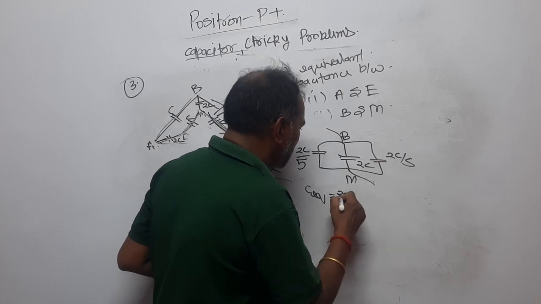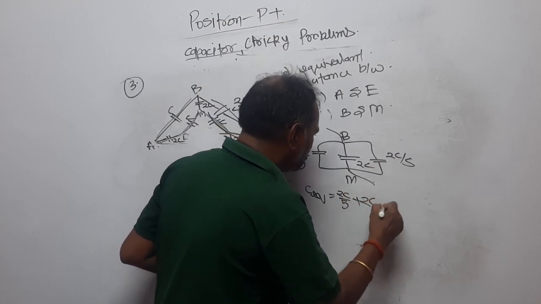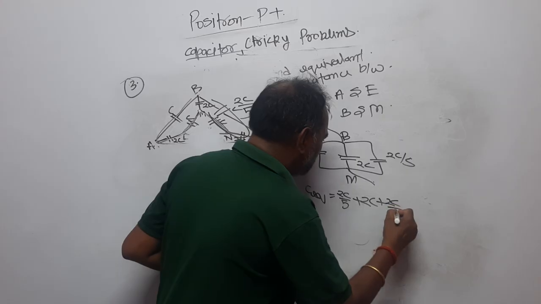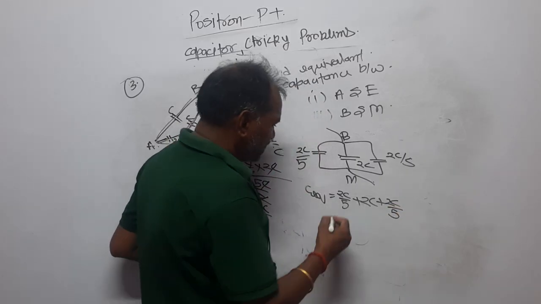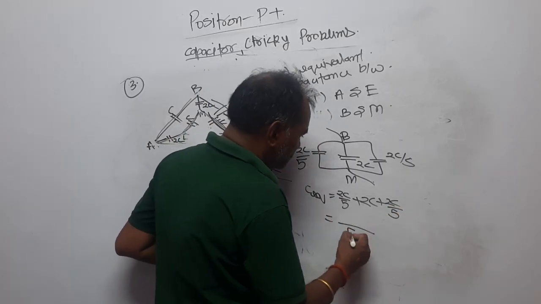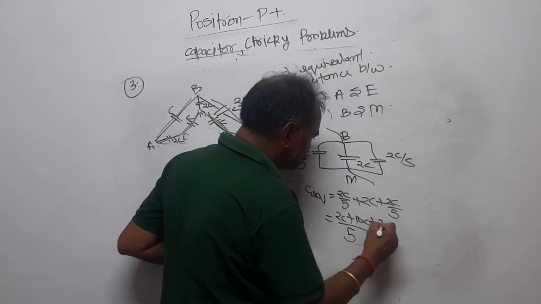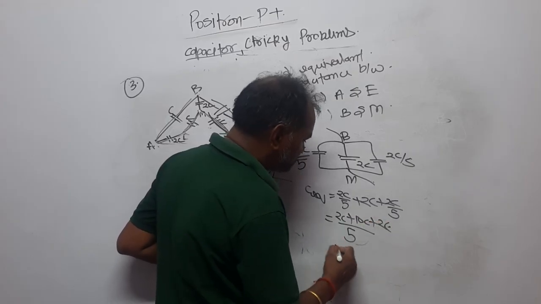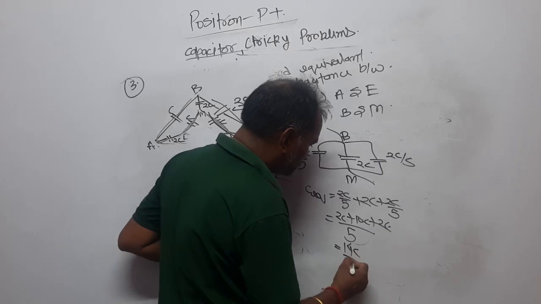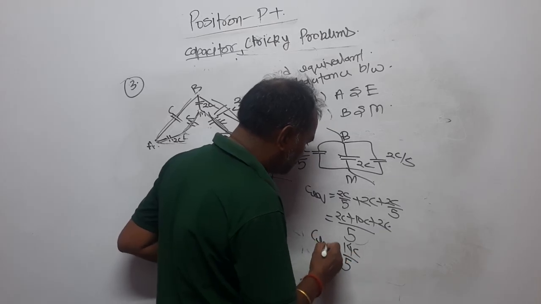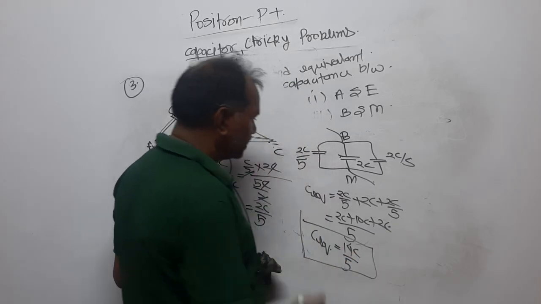So simply you have to add 2C plus 2C by 5 plus 2C by 5. Now look here, 5 would be the LCM. This is 2C plus 10C plus 2C, 14C by 5. This time equivalent will be 14C by 5.